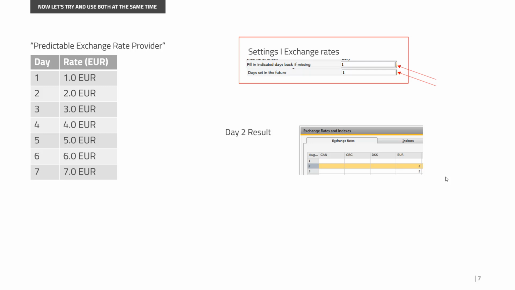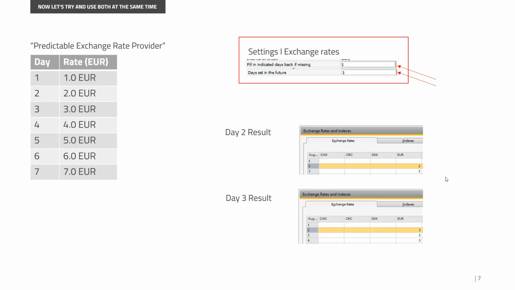So same goes for day 3. Day 3 would then set day 4 to 3, and then it would look at day 3 in terms of the day, and see if it was missing anything. And it wasn't, because day 2 already filled it out.